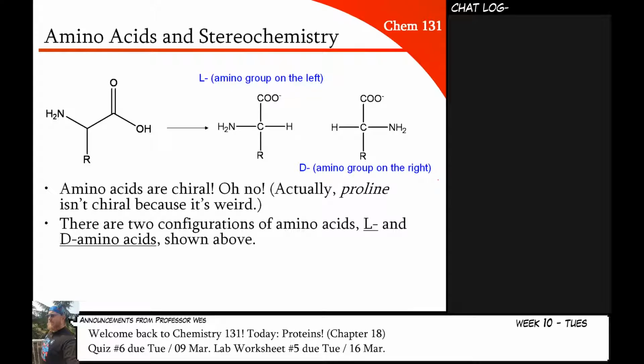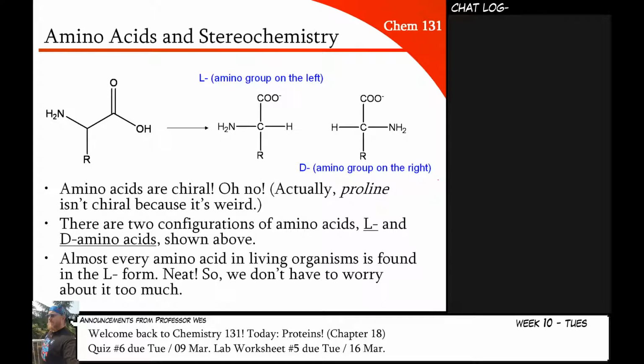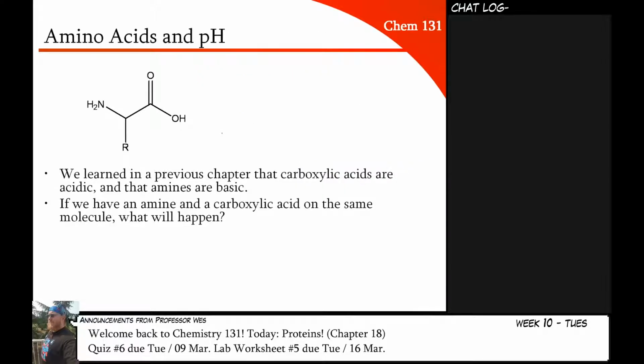Amino acids are chiral. Nearly all of them are L. You could write them as Fischer projections. I'm just not going to. So, in our amino acids, you're always going to see the H2N group on the left, because that's the predominant form that we find in people and other living organisms. So that's cool and all. Okay, this is what I was expecting here.